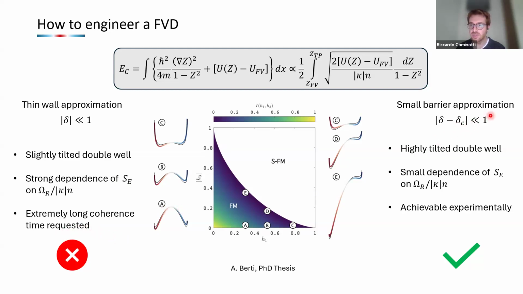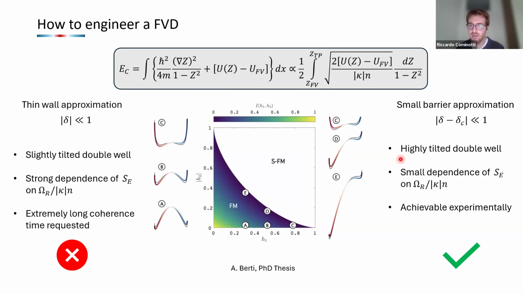Now, the other regime, which is the one we have used, in which we have performed the experiment, is the regime of small barrier approximation, where we basically move along the line separating the ferromagnetic region from the saturated ferromagnetic region, so very close to the critical detuning.